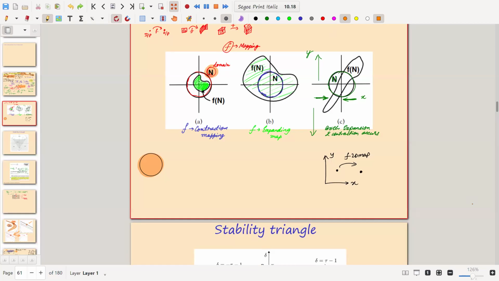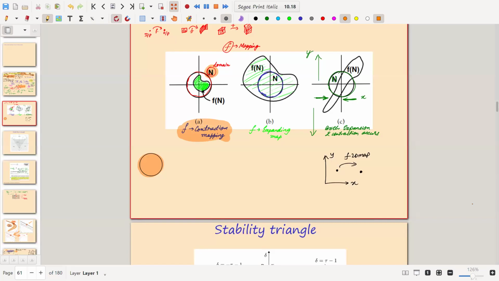The interesting part here is f of N is lying inside N. f of N is a subset of N. So this is contracting, right? You understood the idea, no? You have a bigger region. When you apply the map, it got contracted inside, lying inside. So it's a contraction. So in that case, we call f to be a contraction mapping.